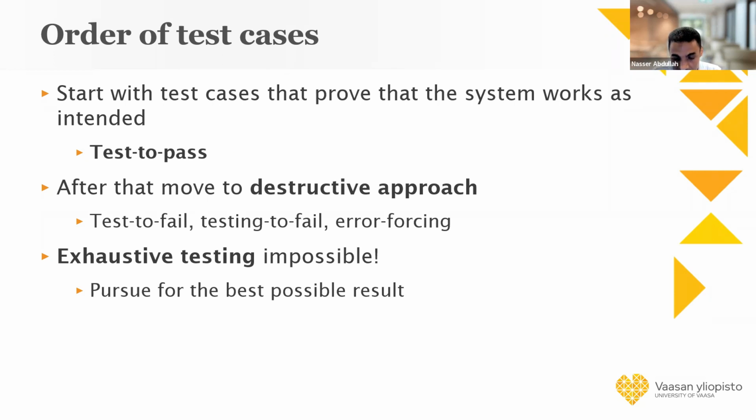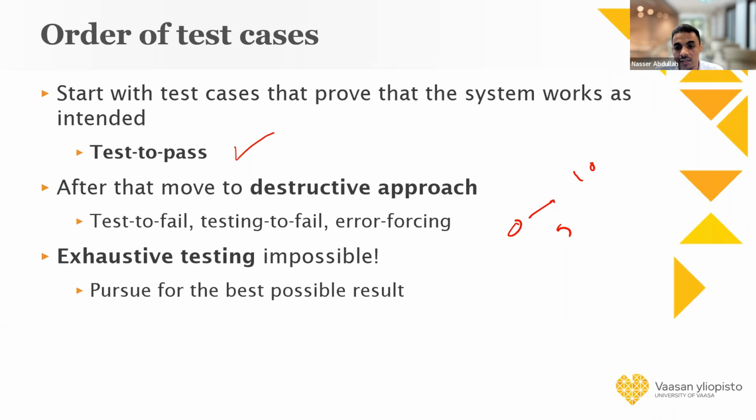You test your application with simple methods first, and if it passes, for example, we can say it's just test to pass. Test to pass means you don't have to key in something wrong. My application accepts the number from 0 to 10, so I give only 5, and it passes.